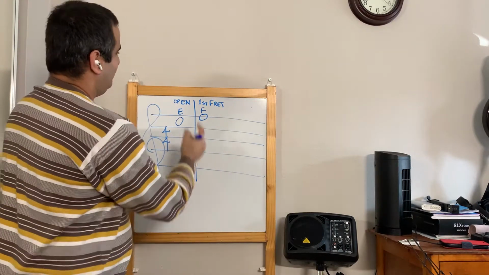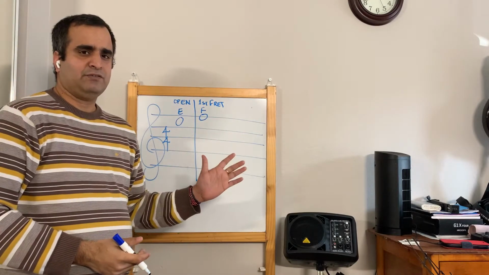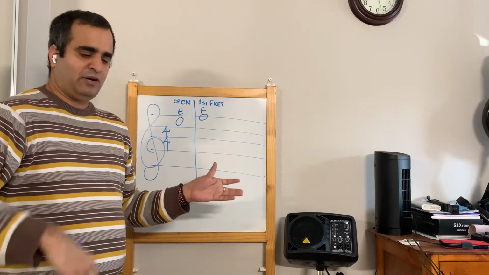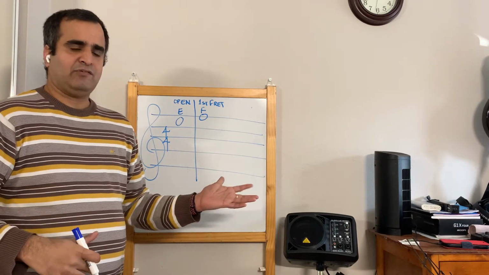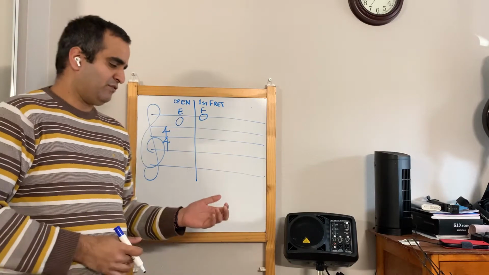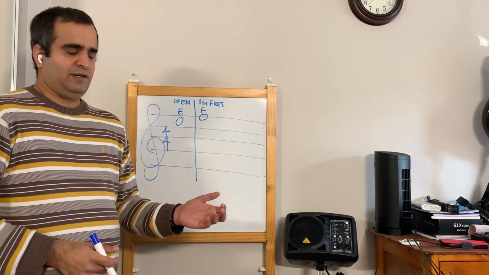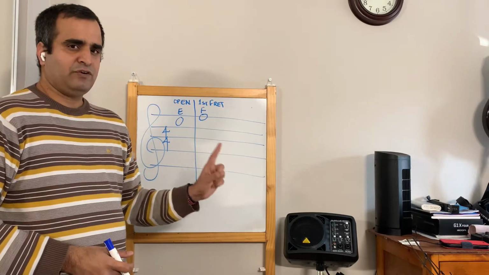So which finger do we use? If I talk about my left hand here, I'm a right hand guitarist, so I do my strumming and playing with my right hand, and I use my left hand to press the strings on the fretboard. So this index finger is called the first finger.